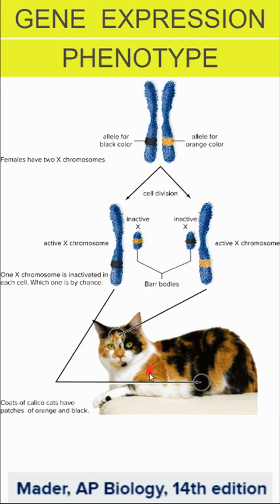And in development, wherever there is black fur on the cat, the orange X has been inactivated, and it's going to express the black fur color. However, wherever there's orange fur, it's going to have inactivated the black X, and it's only expressing the allele for the orange color in the orange patches.